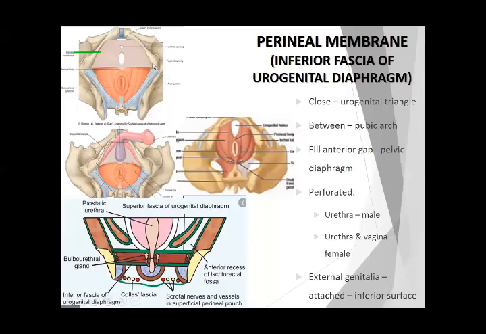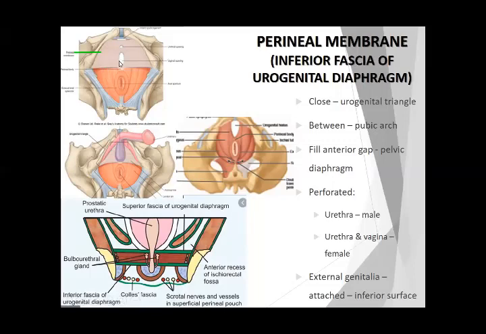The perineal membrane is attached on either side to the ischiopubic rami.